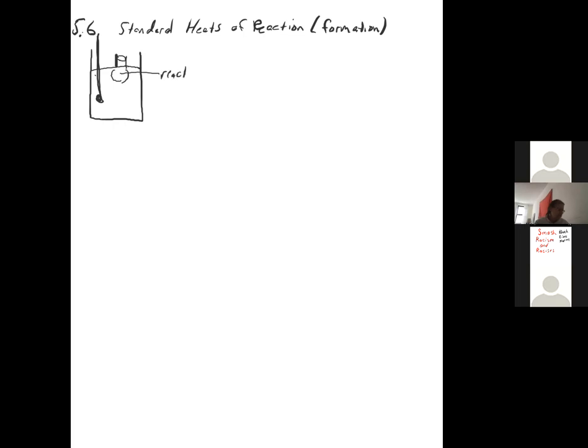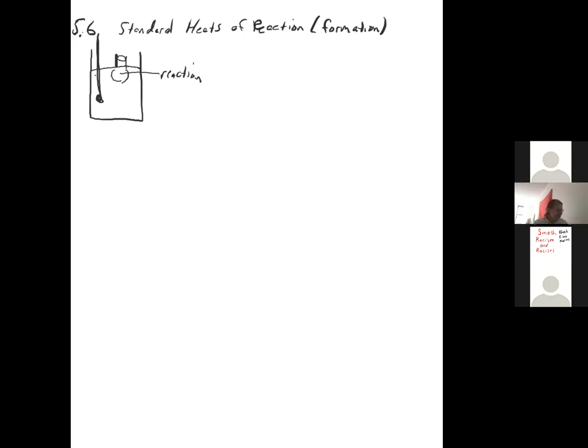It is useful for chemists and biologists and physicists and engineers to have a table of how much energy you can get out of a reaction. It's useful for many different purposes, but essentially we want to have it just like we have a table of densities or a table of specific heats.